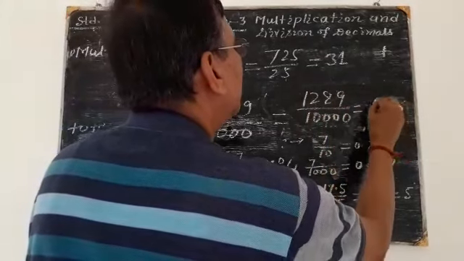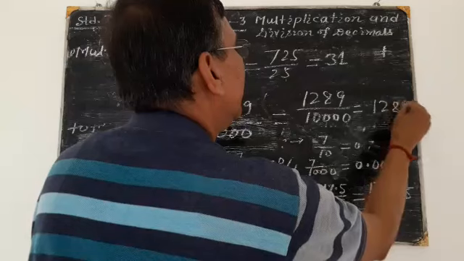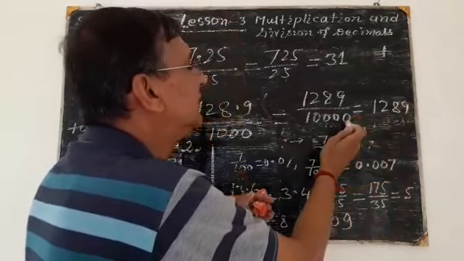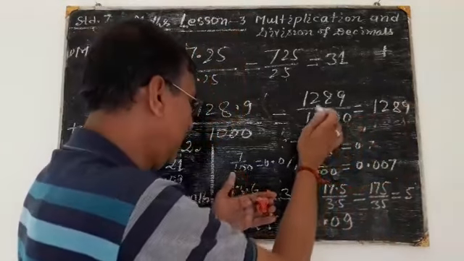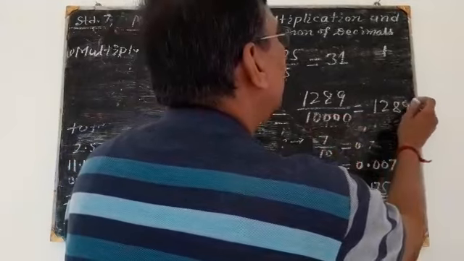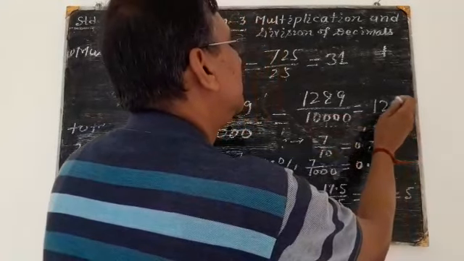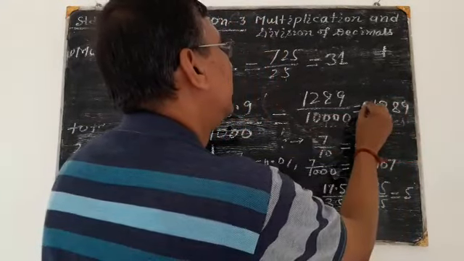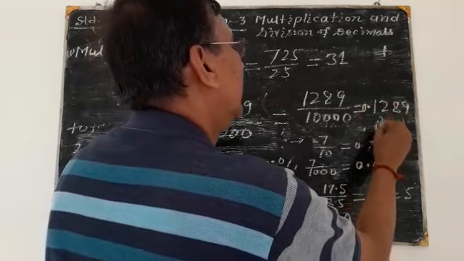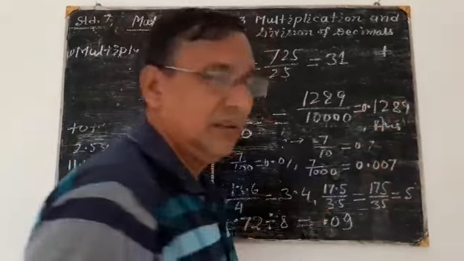Now write the number 1289, count the zeros 1, 2, 3, 4 and insert the decimal 1, 2, 3, 4, and you can take a 0, and in this way you can get the division.